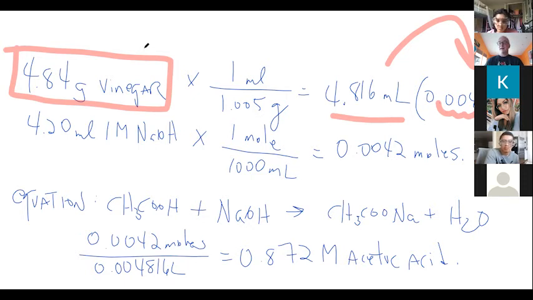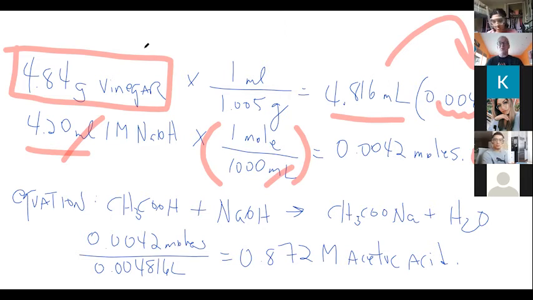With that amount of vinegar, we used 4.2 mils of the sodium hydroxide, which is 1 mole for every liter, which is also equal to 1 mole for every 1,000 milliliters. That way we get the canceled milliliters, and we're left with 0.0042 moles of hydroxide ion.